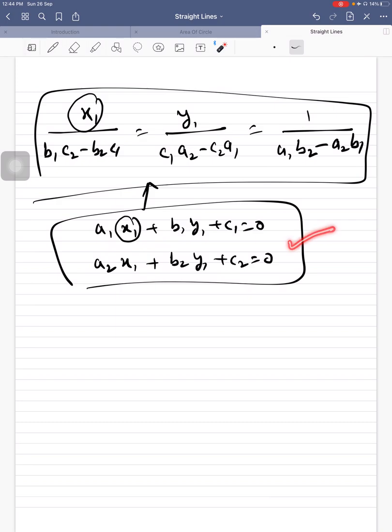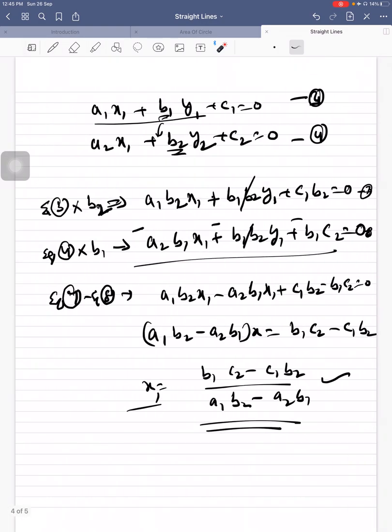This way you have to write it. Otherwise, if you don't remember, go straight to solving the equations algebraically. What you did in algebra to solve two equations, you can easily solve in the same way.